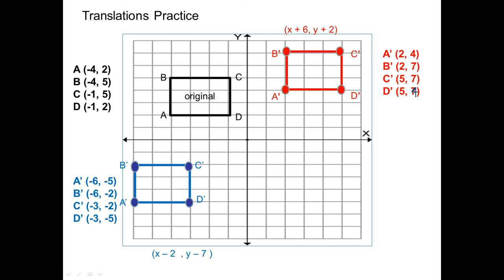Negative 4 minus 2 is negative 6, and 2 minus 7 is negative 5. Negative 4 minus 2 is negative 6 for my B prime, and 5 minus 7 is negative 2. So my C prime is negative 1 minus 2, which is negative 3, and 5 minus 7 is negative 2. And my D prime, negative 1 minus 2 is negative 3, and 2 minus 7 is negative 5. So we got all those coordinates right.